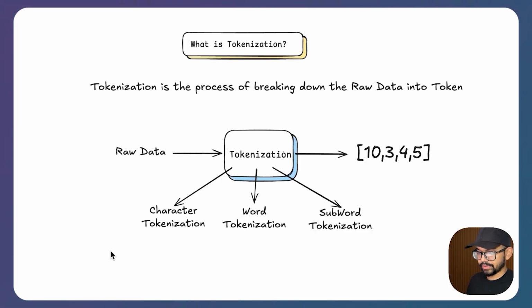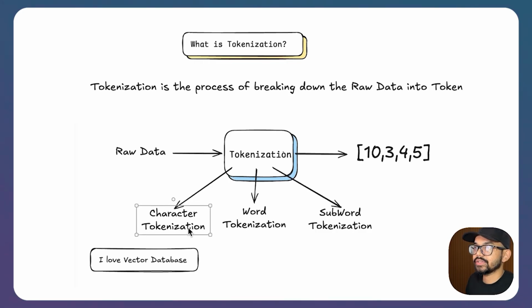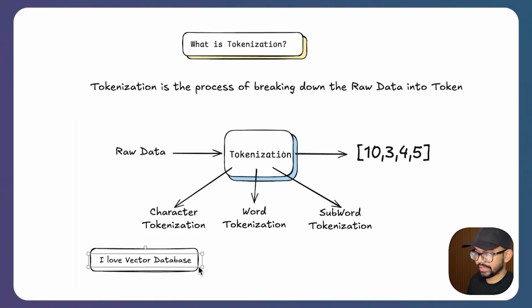Let's say that I have a text, "I love vector database", and we have this as the string. In the case of character tokenization, every character is converted into tokens.